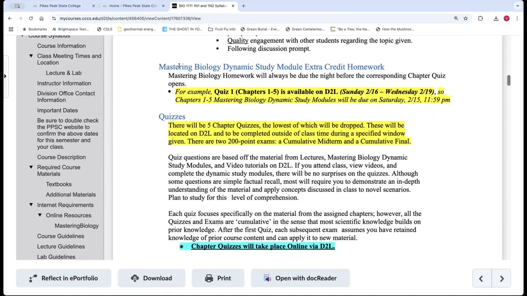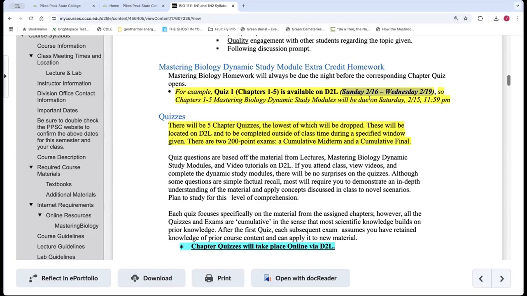We talked about the Mastering Biology Dynamic Study modules. I gave you the list of when they're due, but here's the thought process. If you have quiz 1 over chapters 1 through 5 that is available on Sunday, the window for taking that quiz is Sunday, February 16th through Wednesday, February 19th.